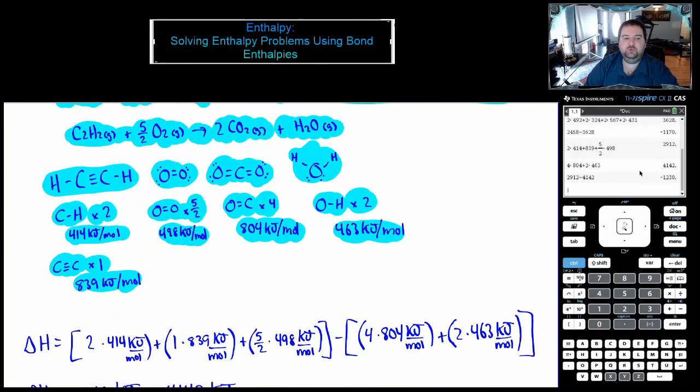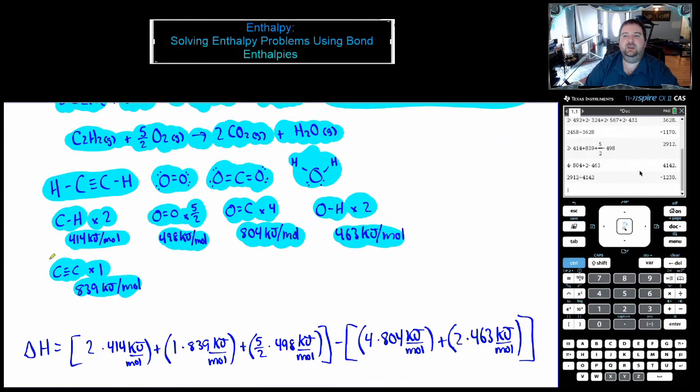So now you're going to use those numbers to create your equation for calculating your delta H. And so we need to do our reactants first. So we're breaking the bonds first. There's 2 CH bonds. There's 1 triple carbon bond. There's 5 over 2 double bonded oxygens. And then we're going to subtract our bonds that we're forming.